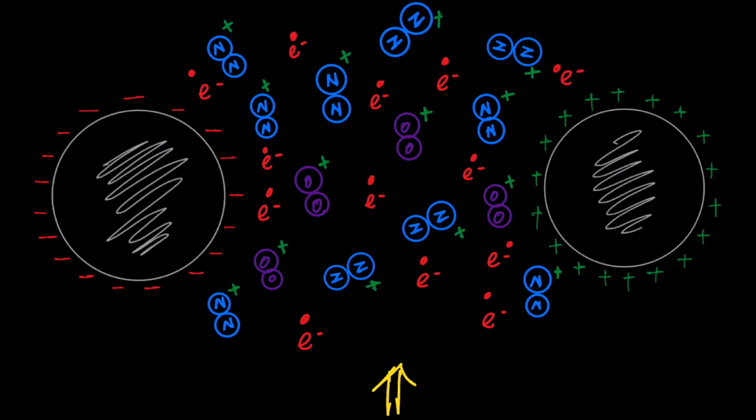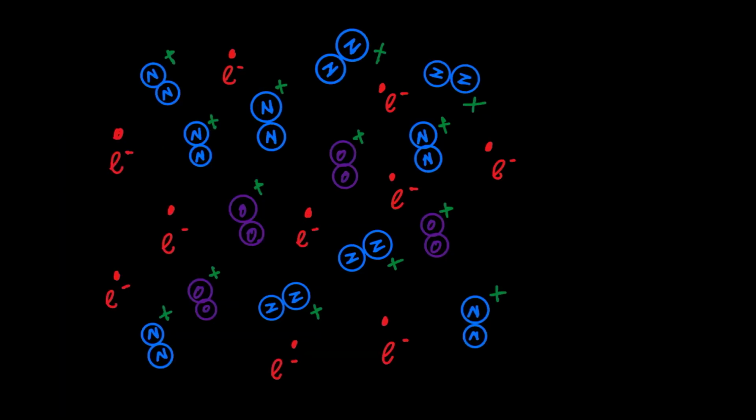It can now behave as a conductor because it has got a sea of charge carriers. You might be thinking how the air became ionized. Don't worry, stay with me. We will take up this assumption in the last part of the video. Now, let's move forward with our assumption.